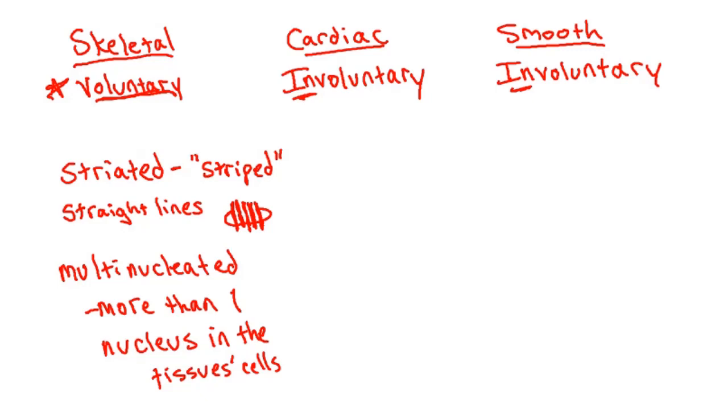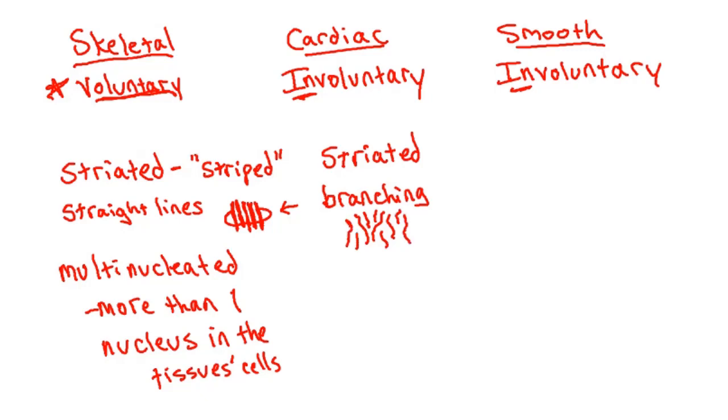Now the cardiac muscle, we've gone over that it's involuntary. It's also striated. But instead of straight lines, it's branching. So instead of the straight organized lines like over there, it comes up and branches, and they all kind of fit together, but they're all branching off from one another in a disorganized, cluttered fashion.